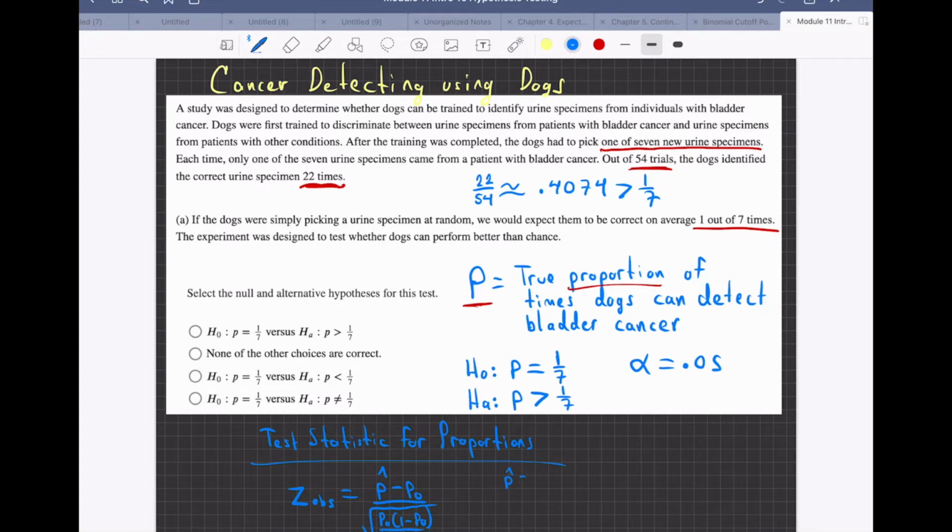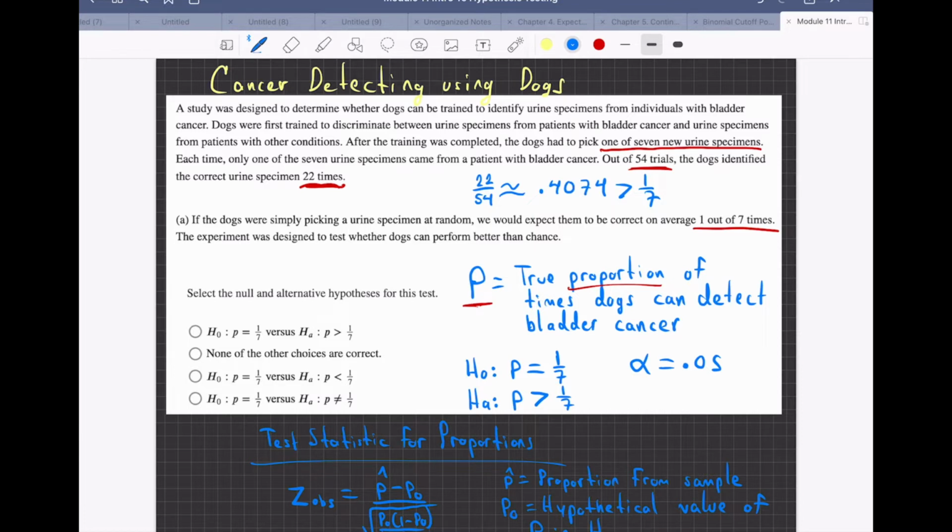P hat, proportion from sample. What is this P0 or P null? It is the hypothetical value of P in the null hypothesis.